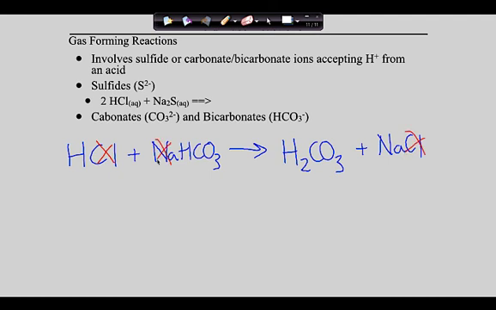Sodium starts aqueous, ends up aqueous, and then bicarbonate ends up in this acid, so it is not a spectator. So guys, our net ionic equation then would appear to be this. But it turns out that's not the net ionic equation.